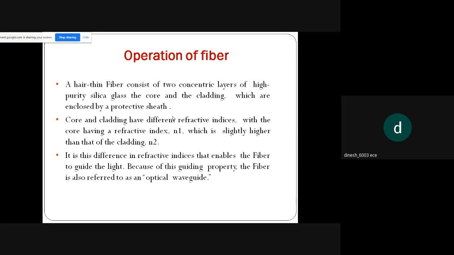This difference in the refractive indexes enables the fiber to guide the light to move from one end of the fiber to the other end of the fiber.